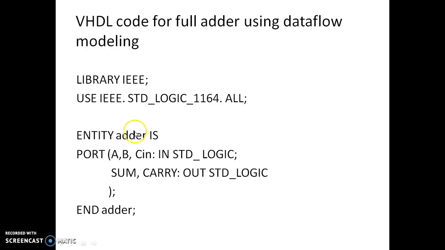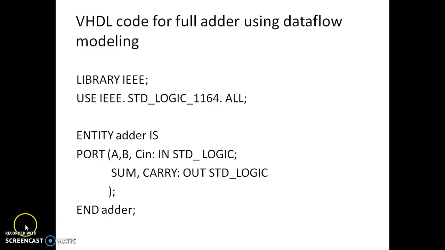Here full adder is the entity name we have given, and is is a keyword. For the entity name you can write anything, you can also write your own name. Next is port. Port is a space given for writing inputs and outputs, for declaring inputs and outputs.